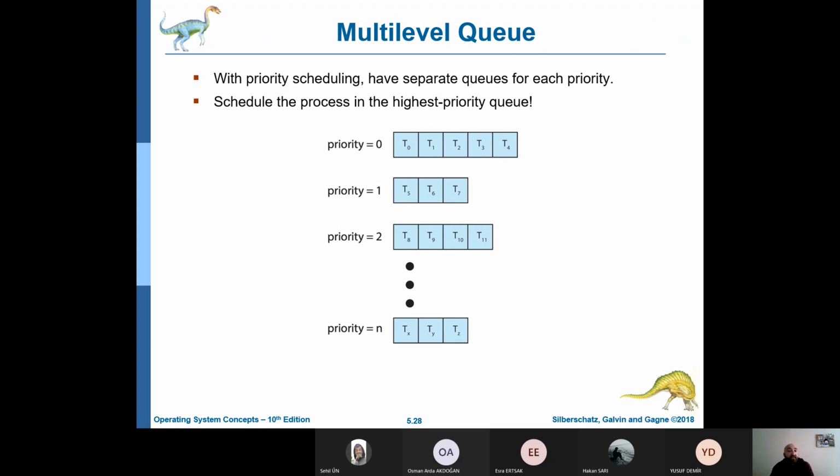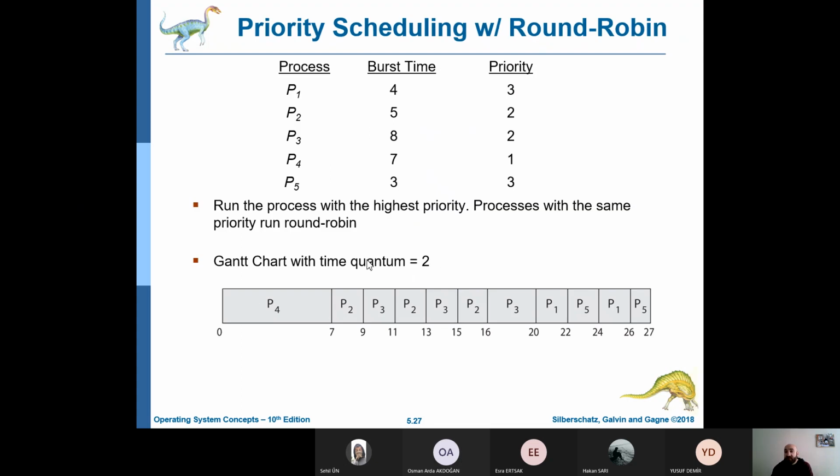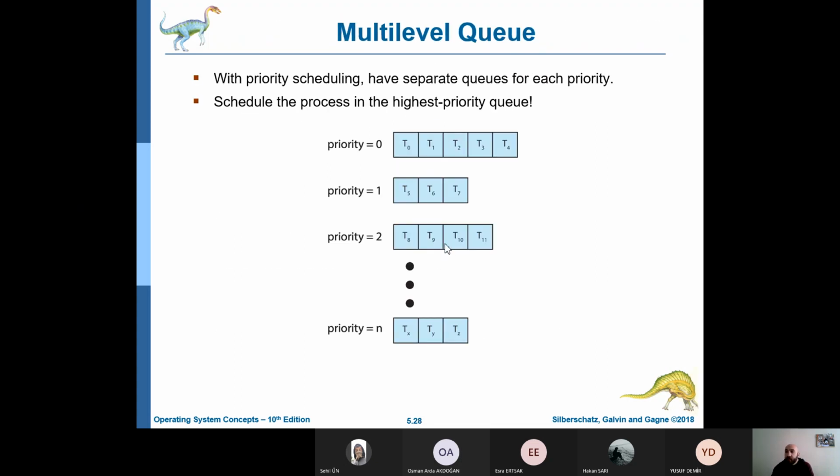With both priority and round robin scheduling, all processes may be placed in a single queue, as you can see here. The scheduler then selects the process with the highest priority to run. Depending on how the queues are managed, an O(n) search may be necessary to determine the highest priority process.